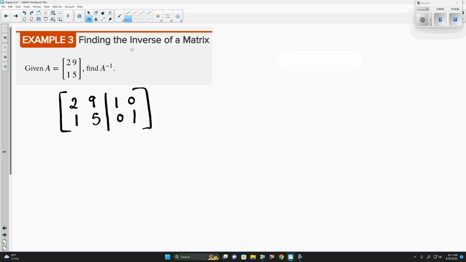So we're wanting to turn the 2, 9, 1, 5 into the identity matrix. And if we get it into 1, 0, 0, 1, our identity matrix, the right-hand side will be its inverse. So we're manipulating this side into becoming 1, 0, 0, 1, and whatever we get over here will be its inverse. Now that seems a little weird in how that's going to work. Doesn't quite make sense, but it'll make sense as we do this here.